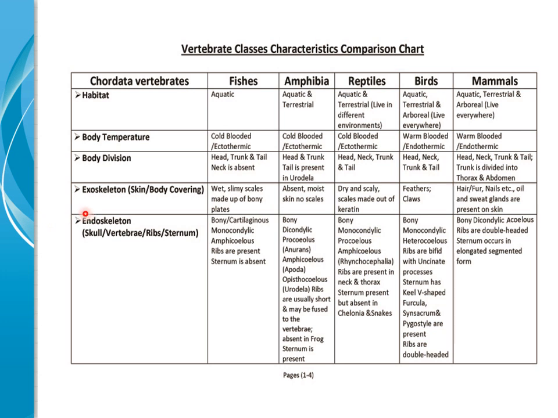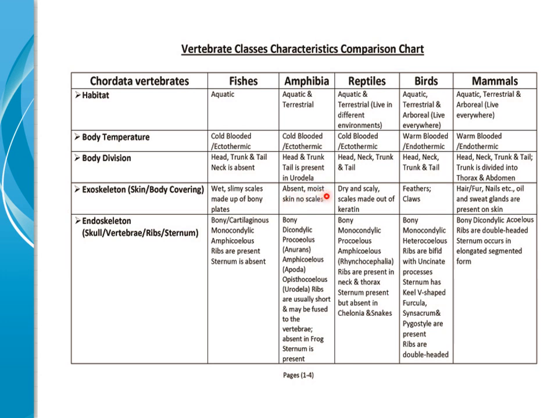The next characteristic feature which I have listed here is exoskeleton, and in this I have covered skin or the body covering. If we see the skin of fishes, it is generally wet, slimy and covered with scales which are made up of bony plates, with some exceptions.